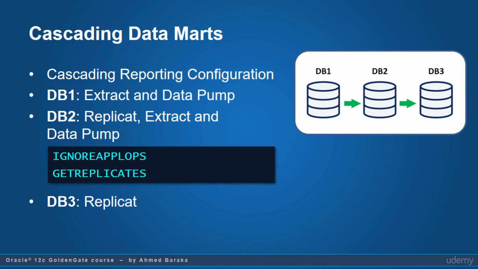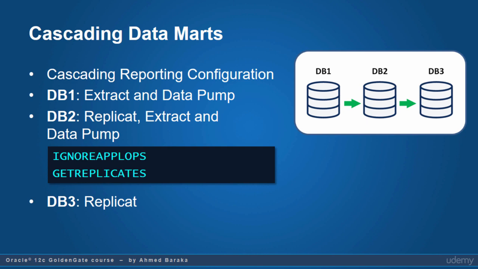To set up this configuration, you configure an extract and data pump process group in the source system. In the second database, you configure a replicate, an extract, and a data pump process group. There is something new you must be aware of when you configure the extract in the second database. You should include the parameters IGNOREAPPLOPS and GETREPLICATES in the parameter file of the extract group.